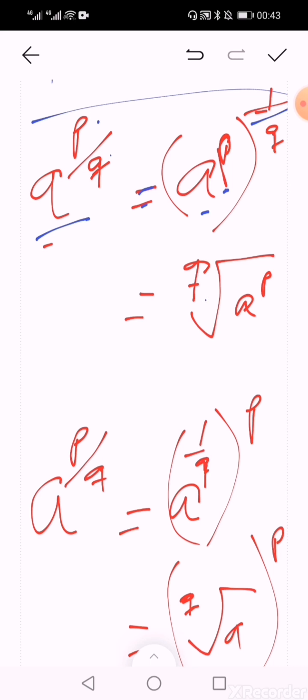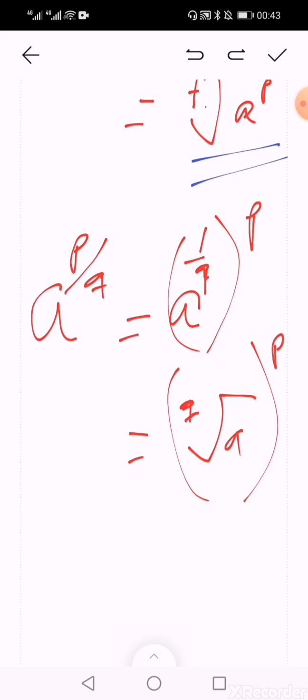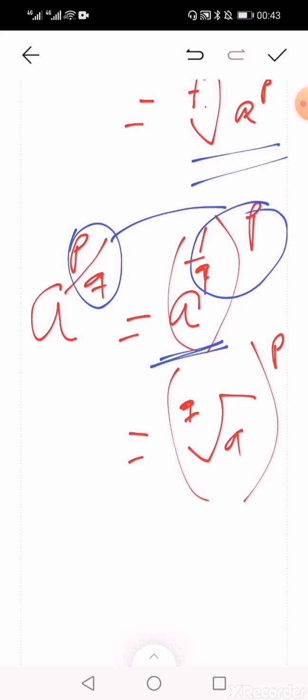So it's the q-th root of a to the power p. So this is one way of doing it. Or you find a to the power 1 over q, to the power p, then you can simplify it. I will personally recommend this second method of working this out.